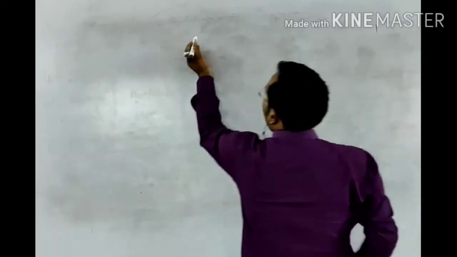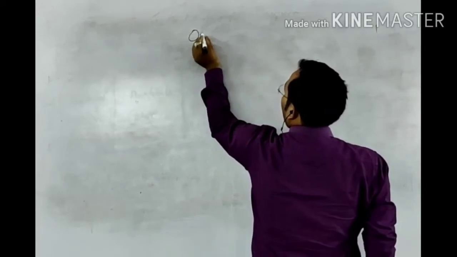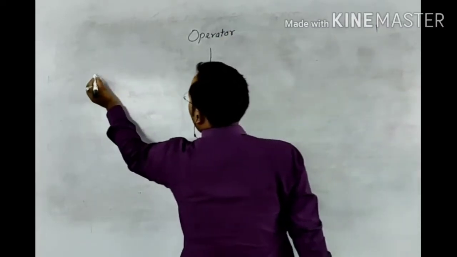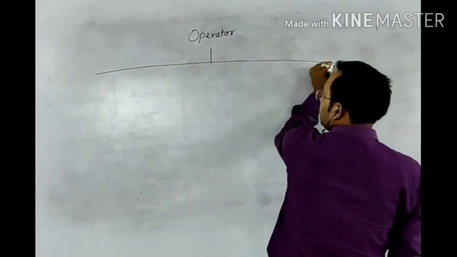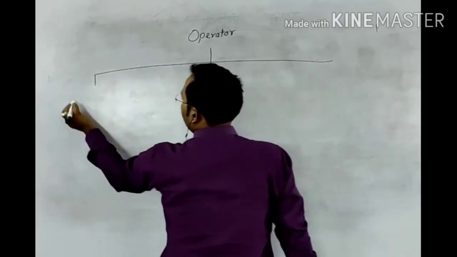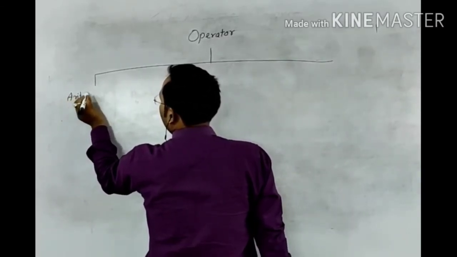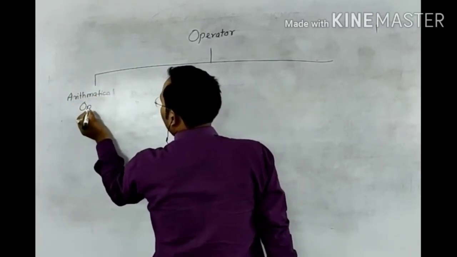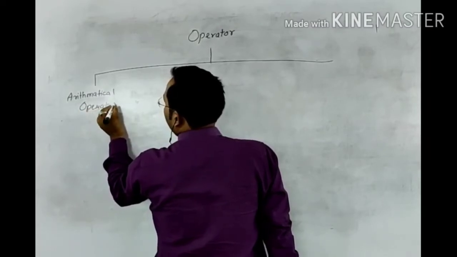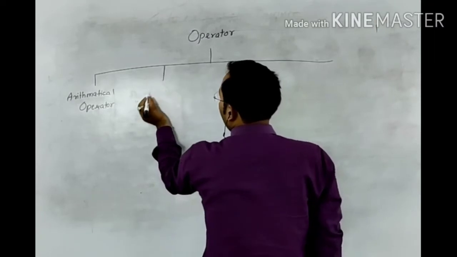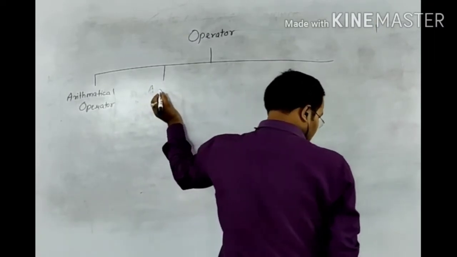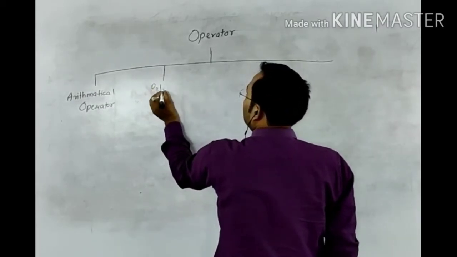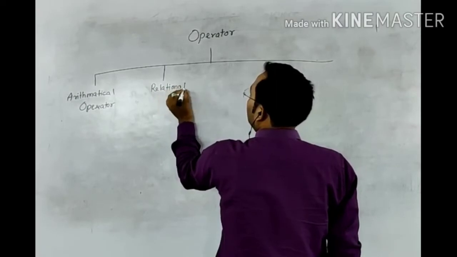First of all, I write the heading: Operator. In operator, there is first one, arithmetical operator. Second one is relational operator.